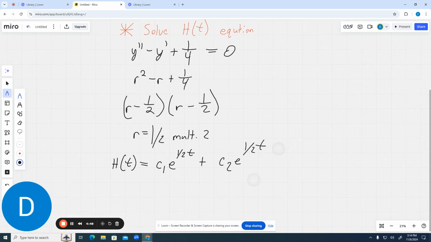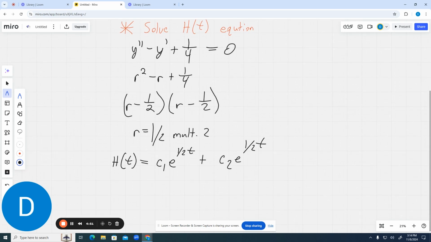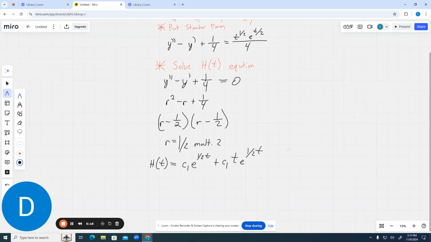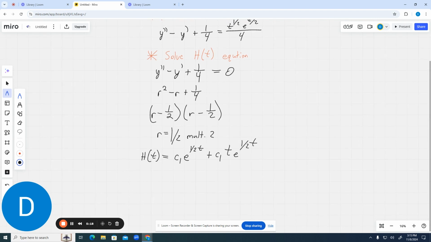You find your roots, and your roots become c1 e to the rt plus c2 e to the rt. Oh, I'm sorry, we want to make this linearly independent because they're the same. So we remove this c2 and, to keep linear independence, we put the t here. That's the format when you have a multiplicity of 2. When you have 2 roots that are the same number, remember to put that t. So that is step 2, okay?